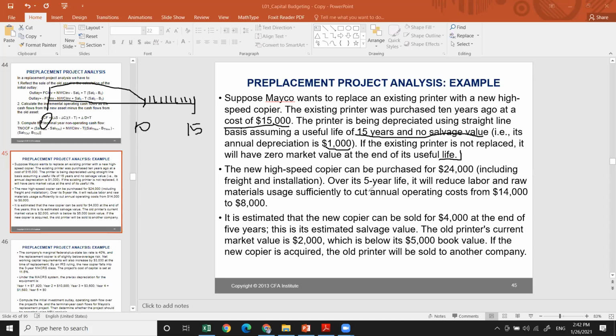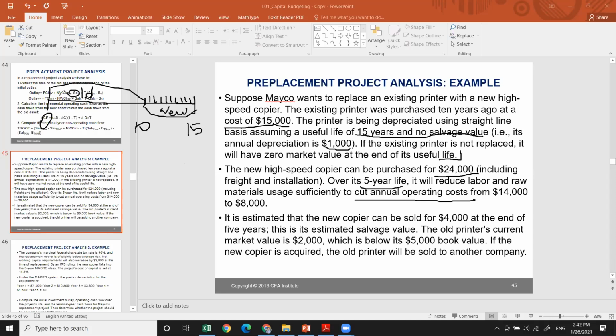The reason was to cut the annual operating costs. The price of the new equipment is 24,000 and its life will be 5 years. So for the remaining 5 years, the new one, and this is the old.